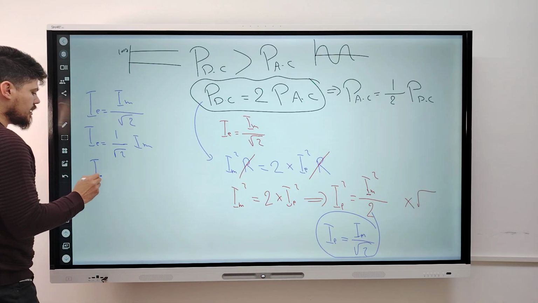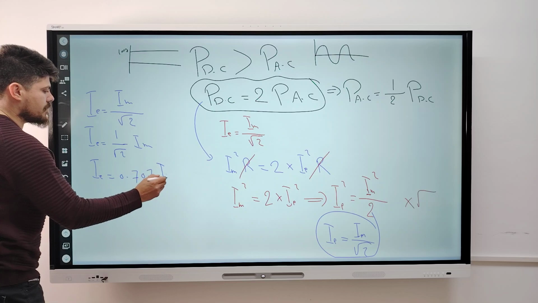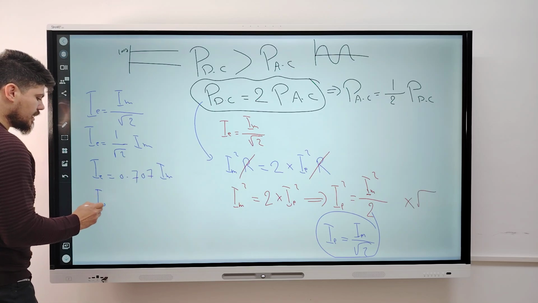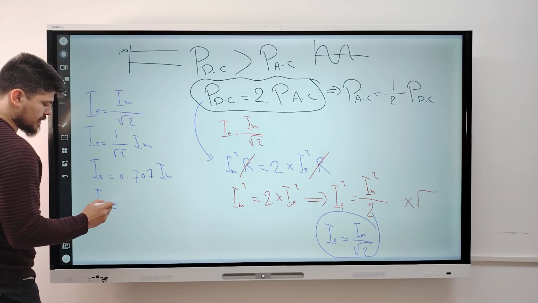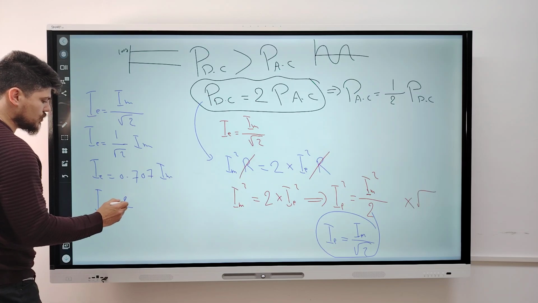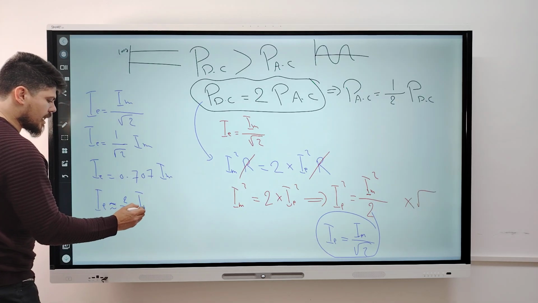I_E you can also write as 0.707 I_M. I_E is approximately equal to, not exactly the same, a little bit more than 2 over 3 of I_M.